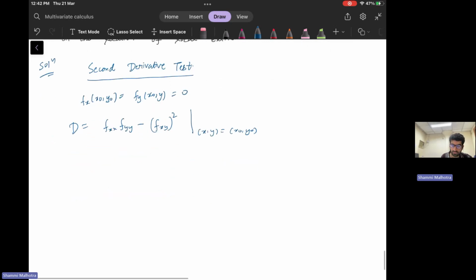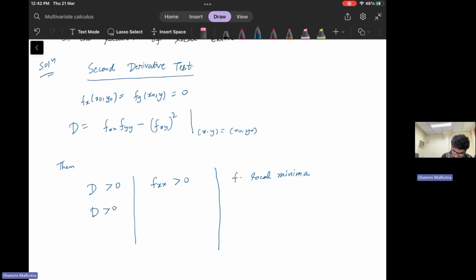If D is positive and fxx is positive, f has a local minima.